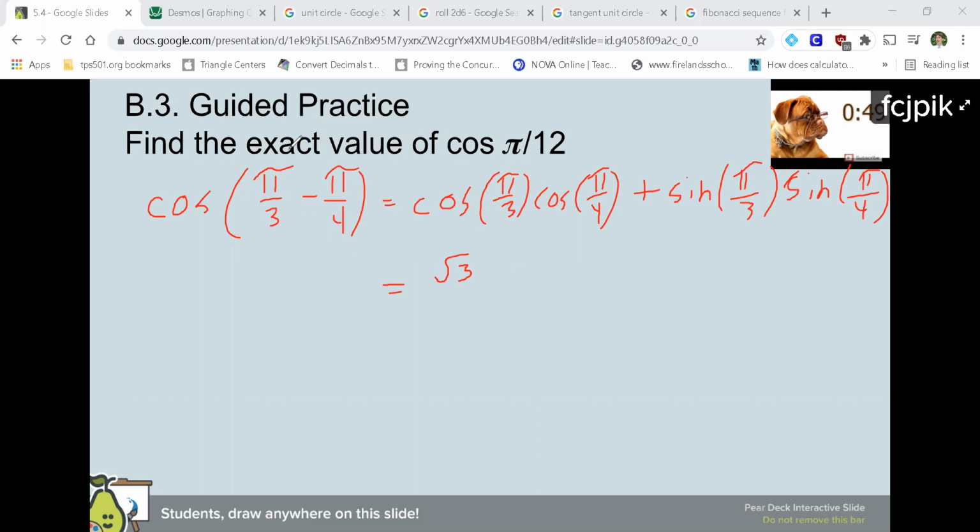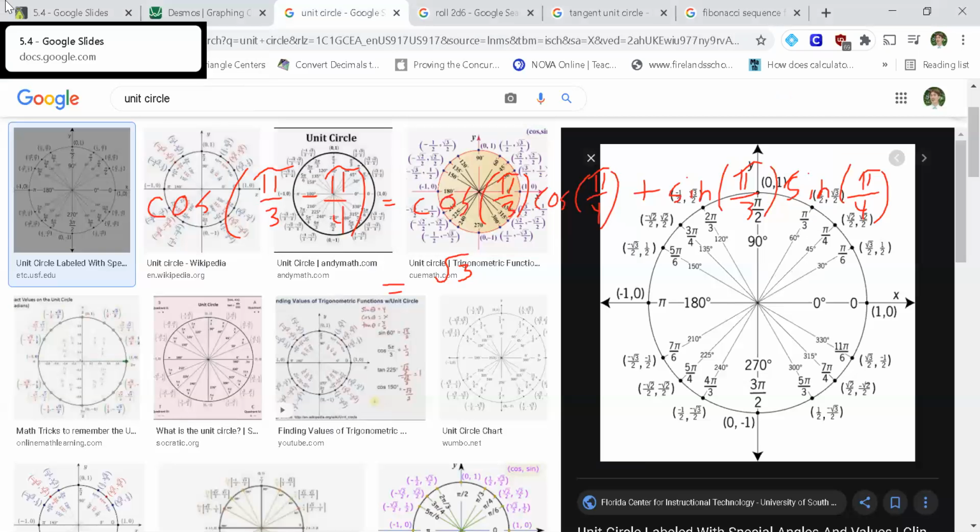Is that right? Cosine of pi over 3 is a half. That one's a half.